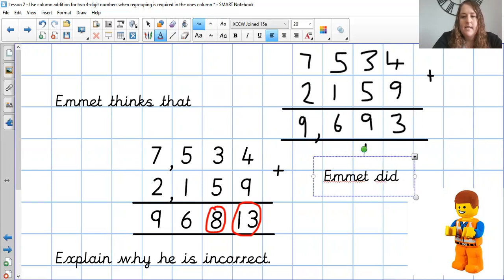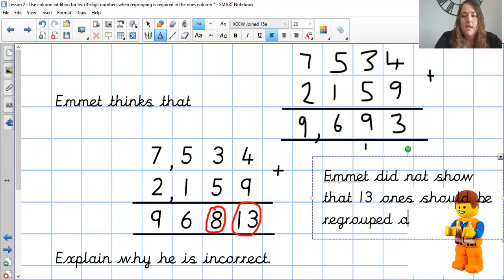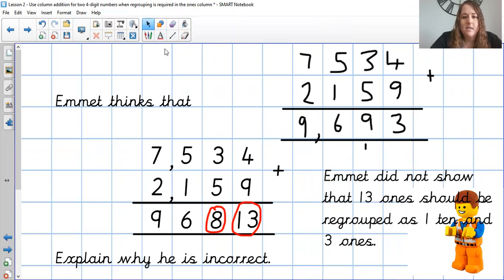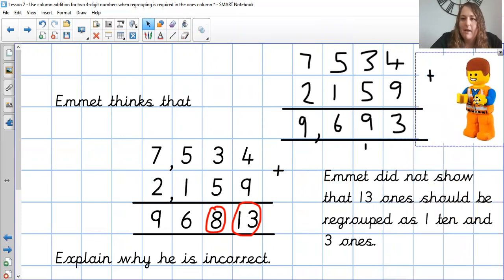So Emmett did not show that 13 ones, and I'm using the same vocabulary that Coco does, should be regrouped as 1 ten and 3 ones. That's what he didn't do. So again, I'm just going to move Emmett out of the way because he's in the way a bit.